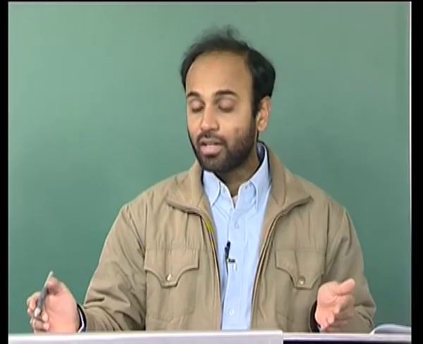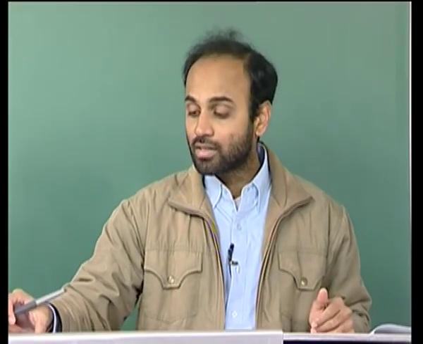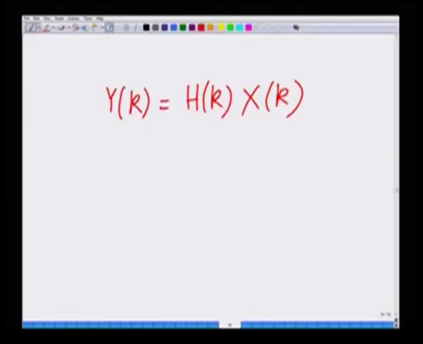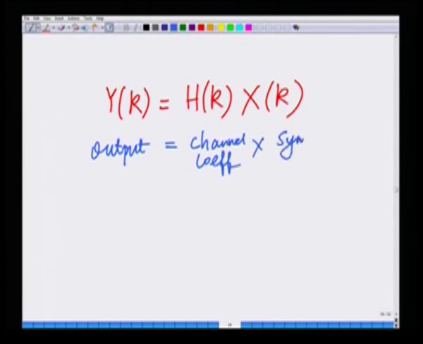and this we say is nothing but a flat fading channel. Why is this a flat fading channel? Look at this, xk is the symbol on the kth carrier, and hk is the channel coefficient. So output equals channel coefficient times symbol, and this is, remember, at every subcarrier.